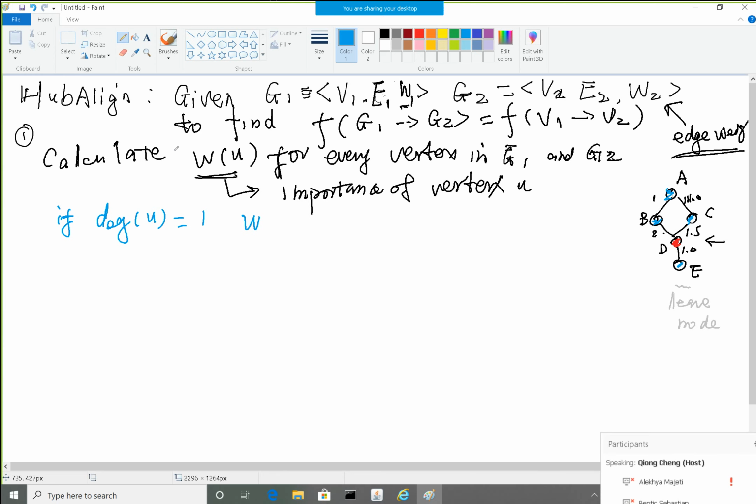Hold on. So if this is a leaf node, of course the weight of this guy could be very simple, right? And if it's a leaf node, in that case, the importance check does not include this guy, because this guy can be easily deleted.